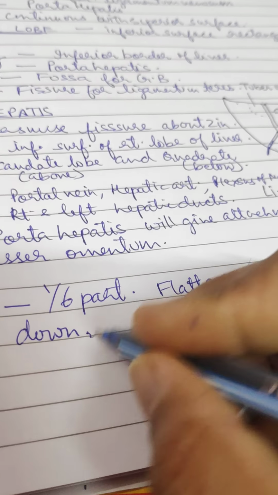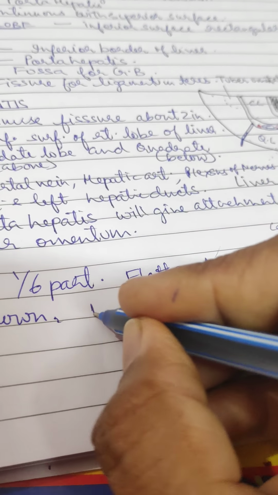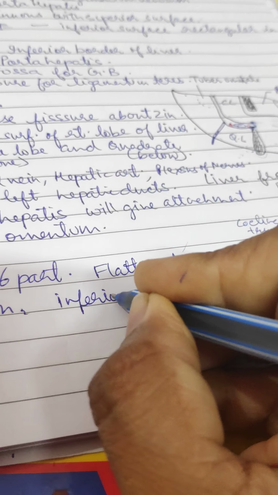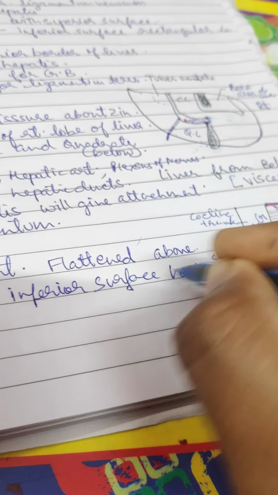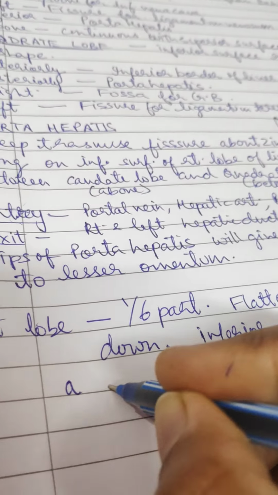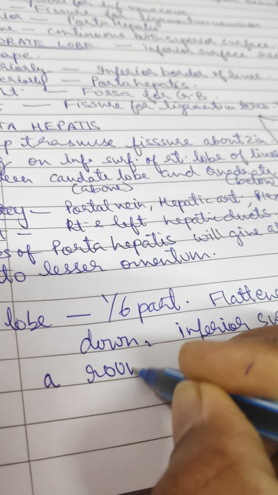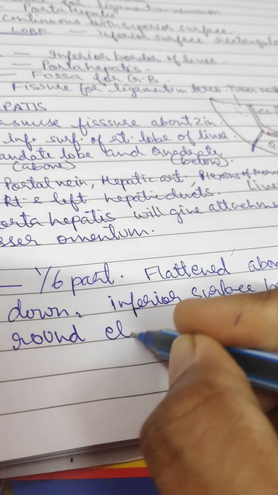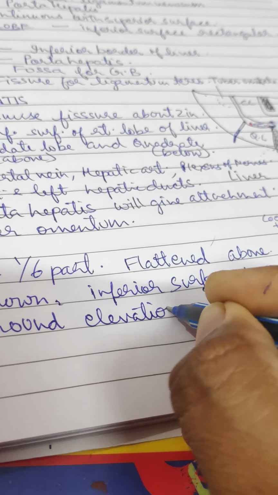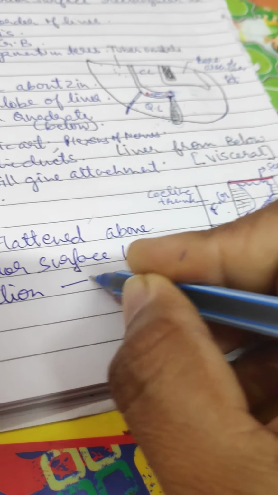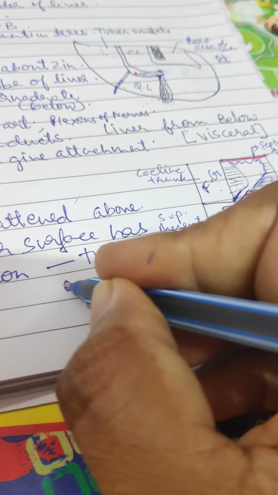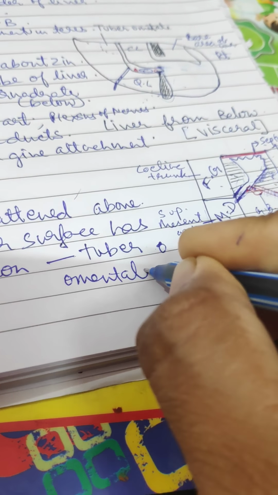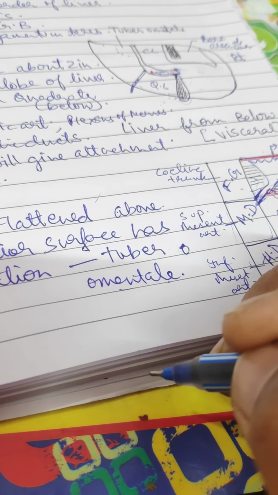And its inferior surface has a round elevation, which is called tuber omentale.